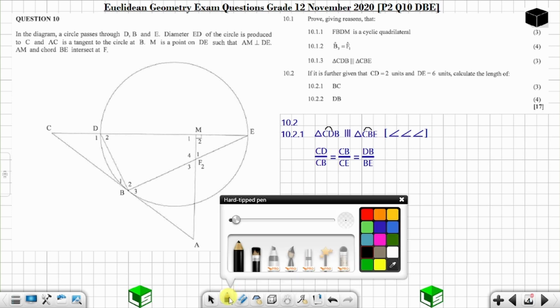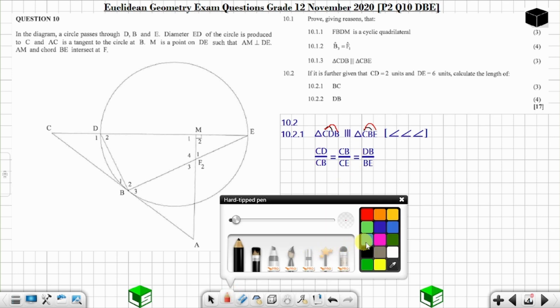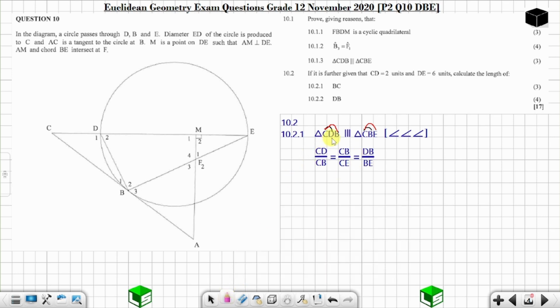Then the first and third letter over the first and third letter, CB over CE. Then the second and third letter over the second and third letter, DB over BE.